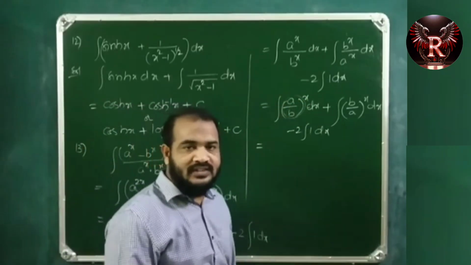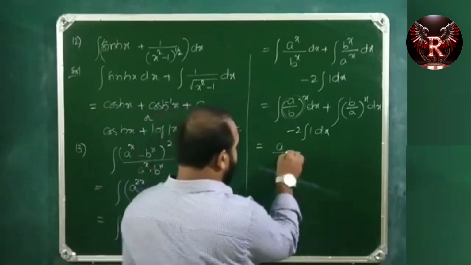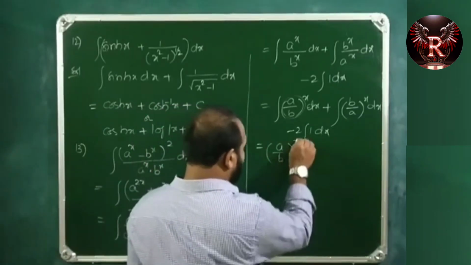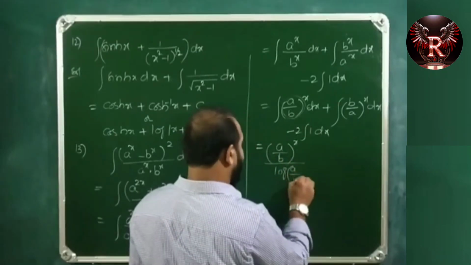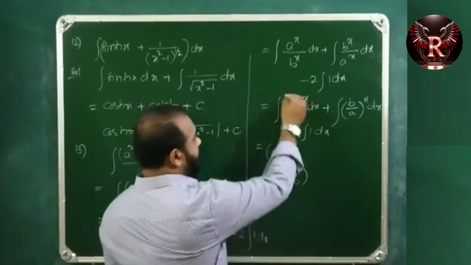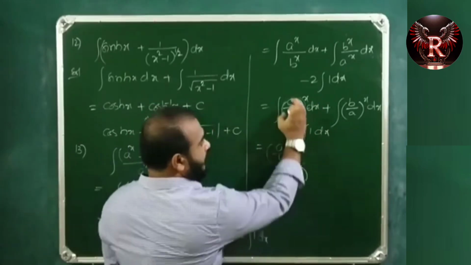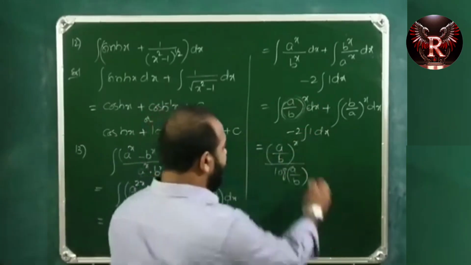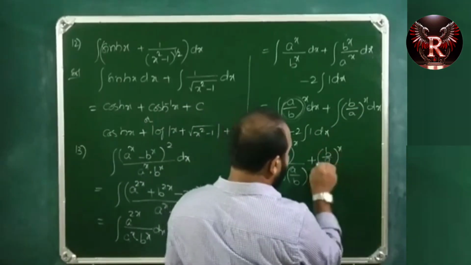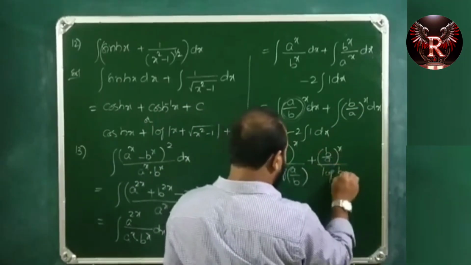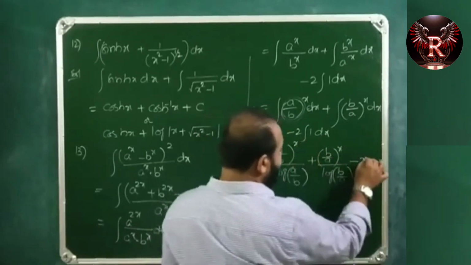Integral a power x dx is a power x by log a, so this is (a by b) whole power x by log of a by b. Let us suppose this to be x. Integral a power x dx is a power x by log a, so is the case with this also: (b by a) whole power x by log b by a, minus integral 1 dx is x, plus constant of integration c.